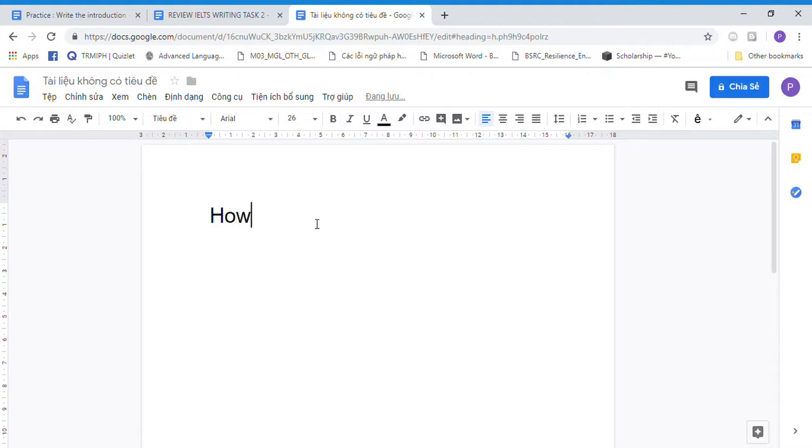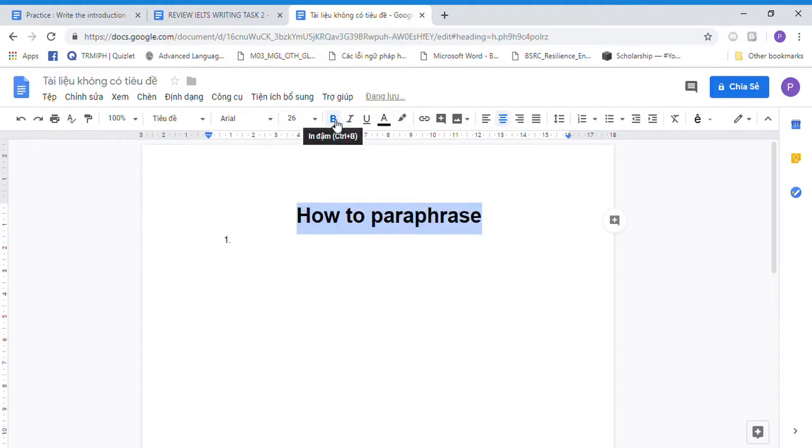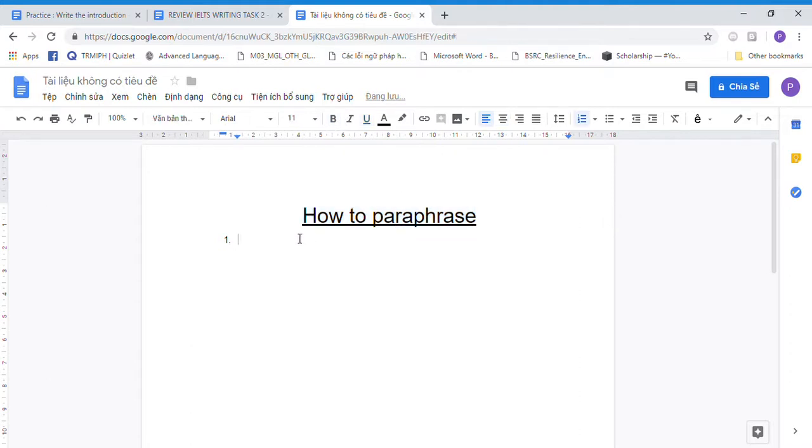So today we study how to paraphrase. There are many ways to paraphrase, but I will list some common ways to paraphrase, especially in IELTS writing.